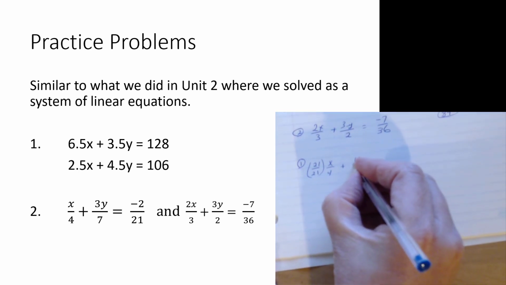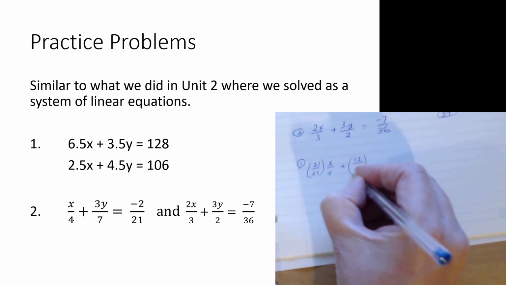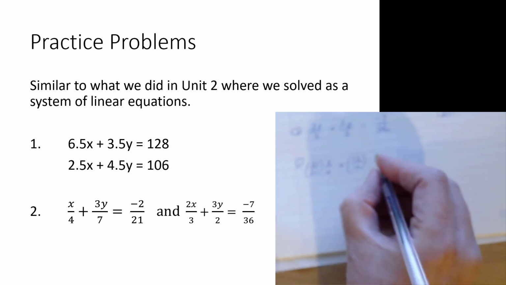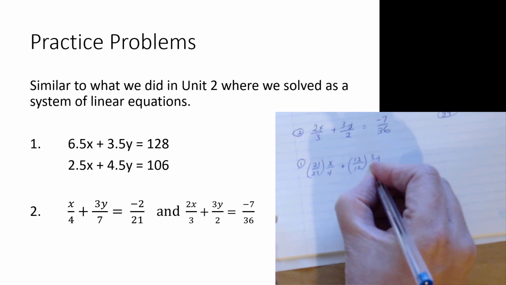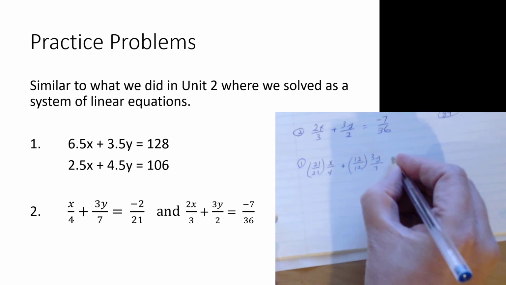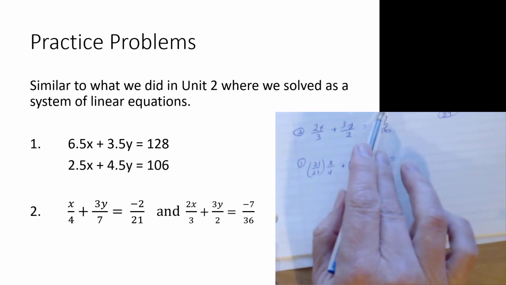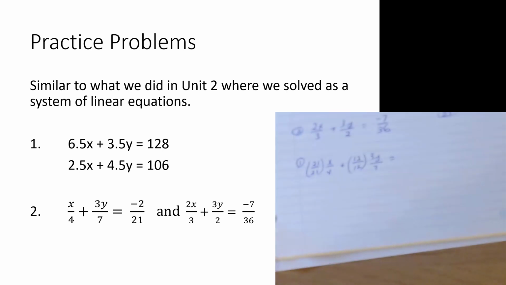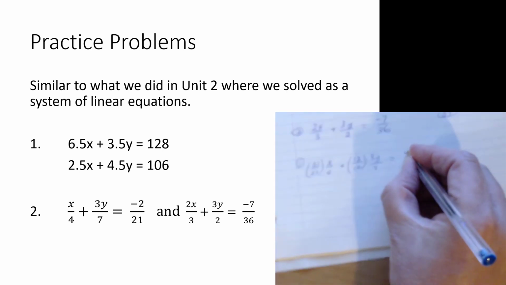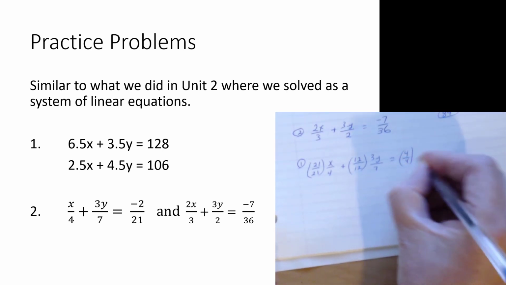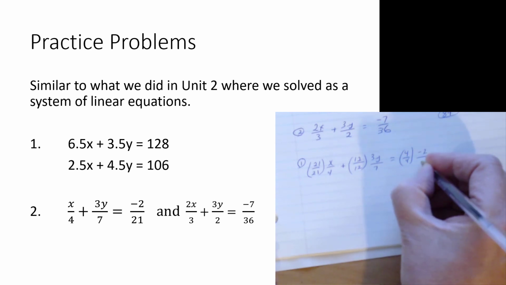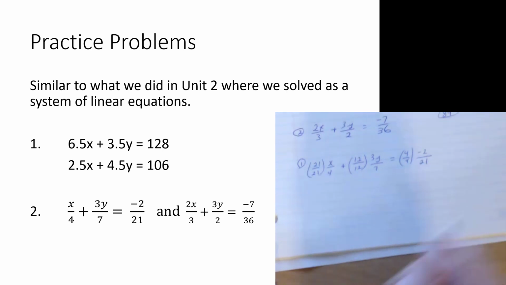So I'm going to go 12 over 12, which is nothing more magical than 1, and then 3y over 7. And then the last one. 21 goes into 84 4 times. So 4 over 4, and I get minus 2 times minus 2 over 21. Okay, so I'm just multiplying stuff by 1, right?